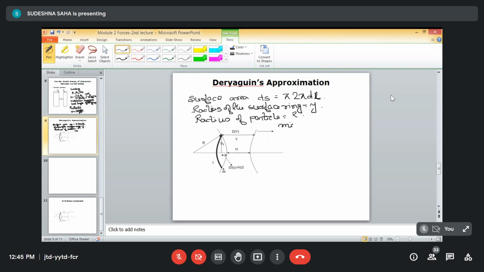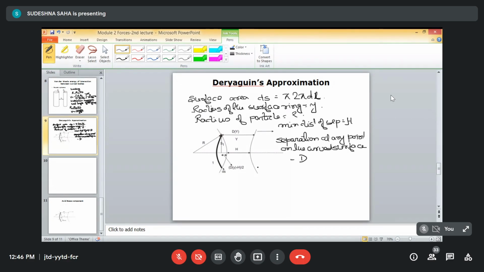And the minimum distance of separation is h. The separation at any point on the curved surface is obviously a function of y, and it will be given as d.